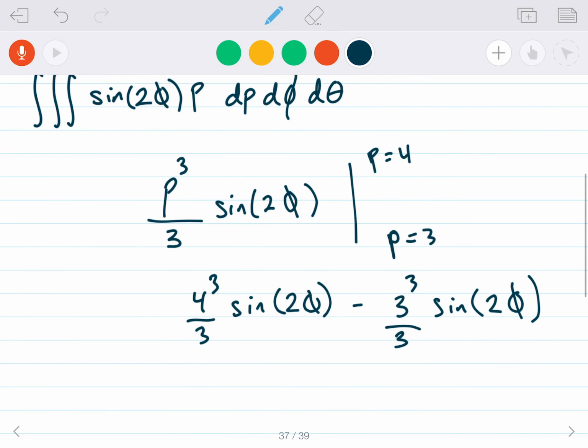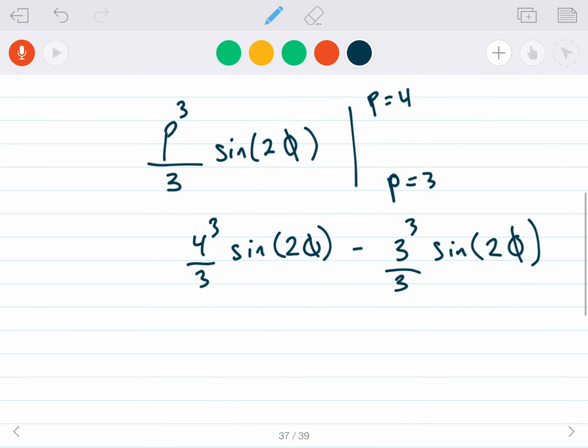Alright, so let me go ahead and simplify this. Okay, so I'm getting 37 over 3. So this is going to be 37 over 3 sine 2 phi.